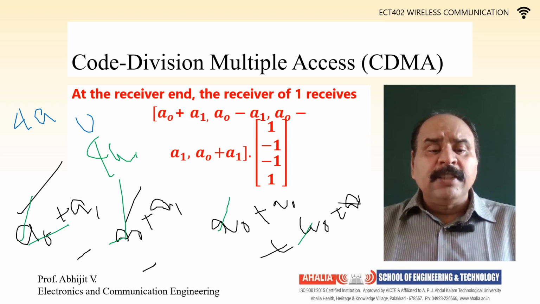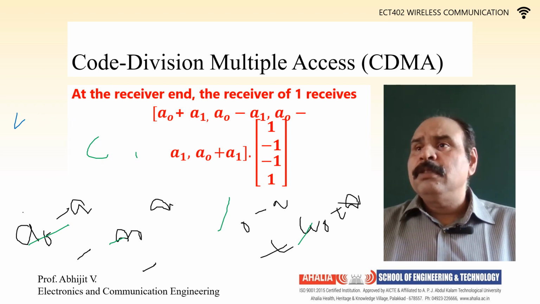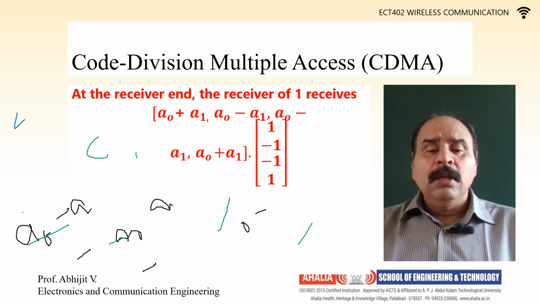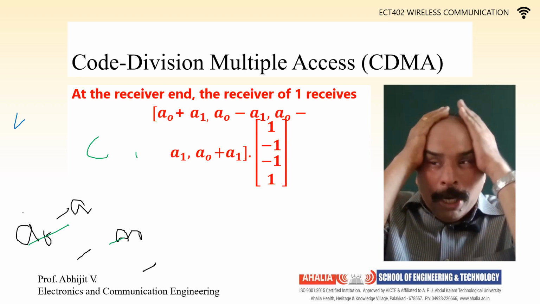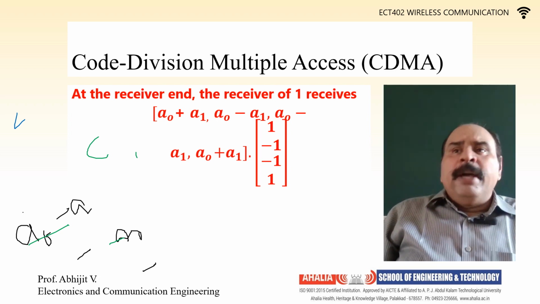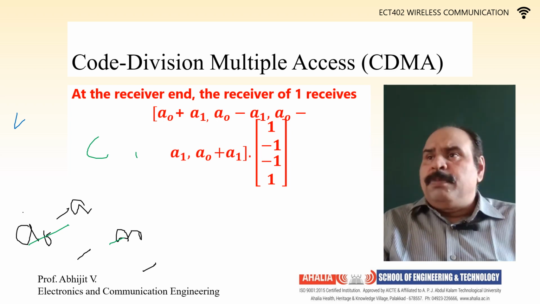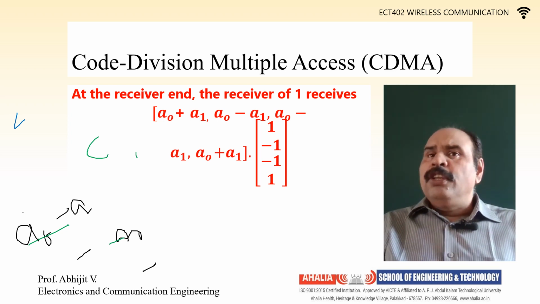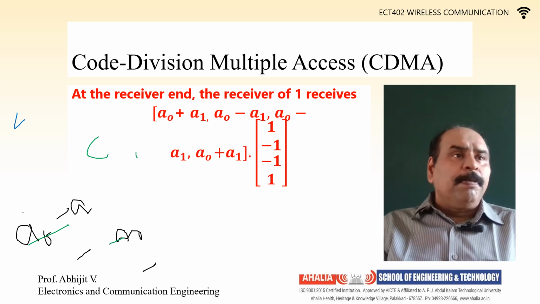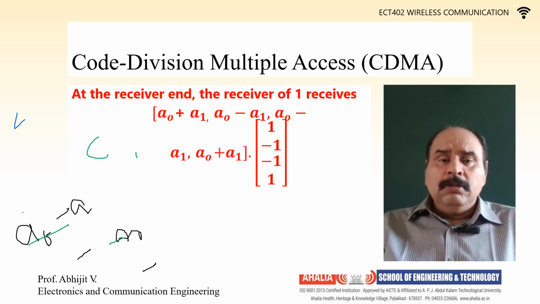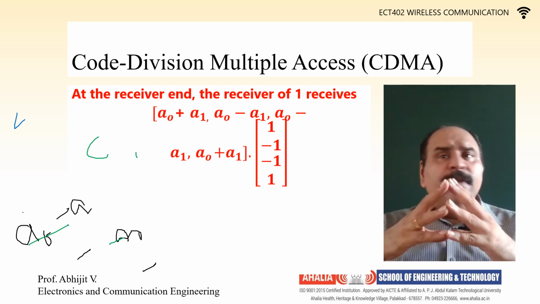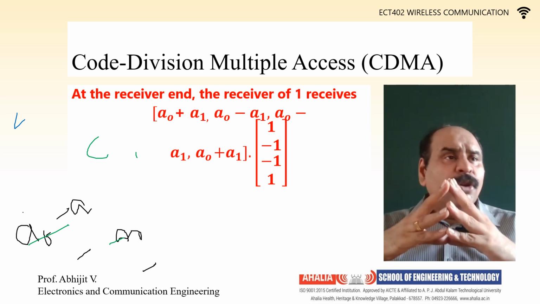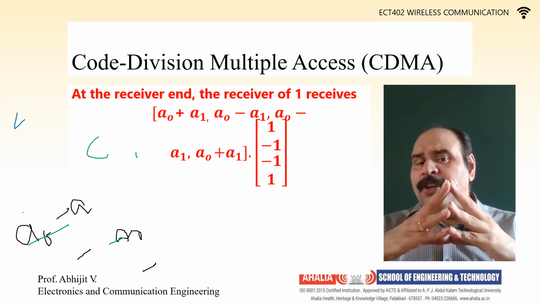Are there any queries regarding this? Any doubts or anything that you would like to ask me? I believe all of you have understood the concept very clearly. Is there anybody who did not understand? I'll repeat it again. So with this, I believe that all of you understood code division multiple access, right?